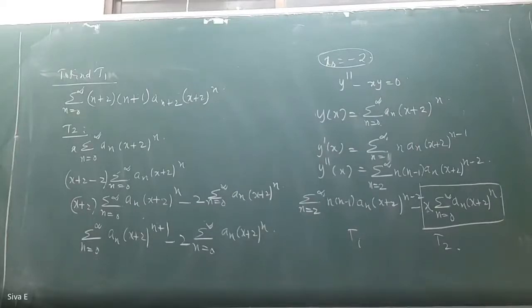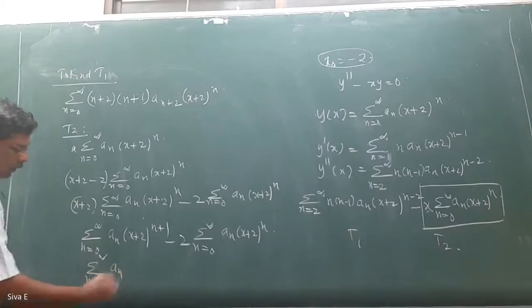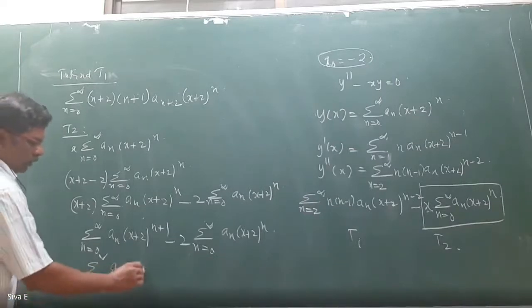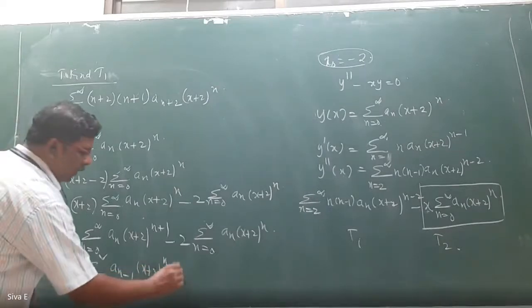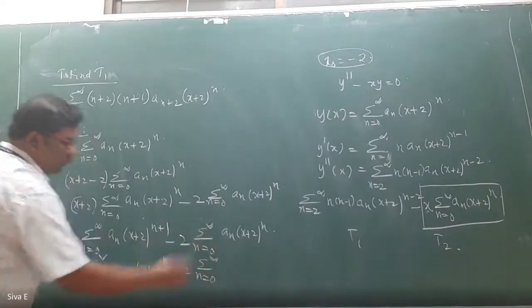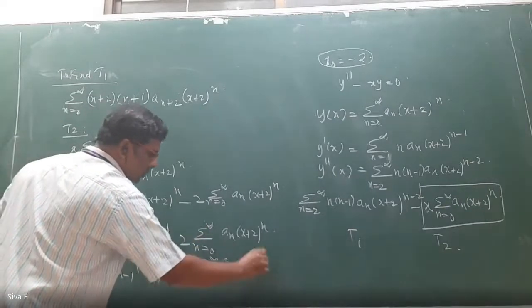So next step we can write that summation of n equal to 1 to infinity a_(n-1) (x + 2)^n, plus minus 2 into summation of n equal to 0 to infinity a_n (x + 2)^n.